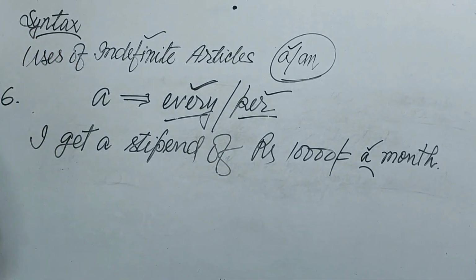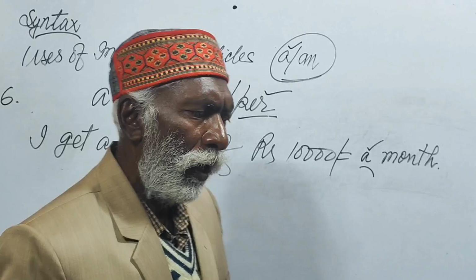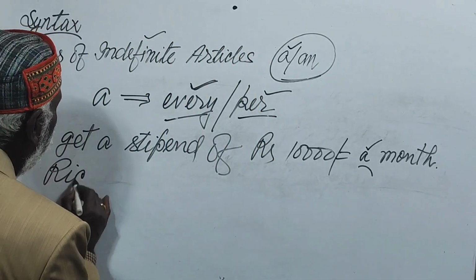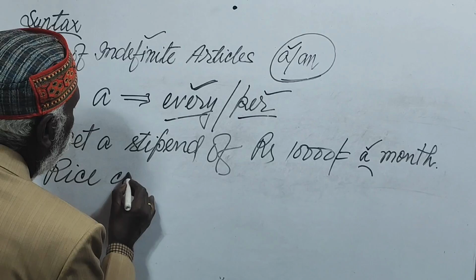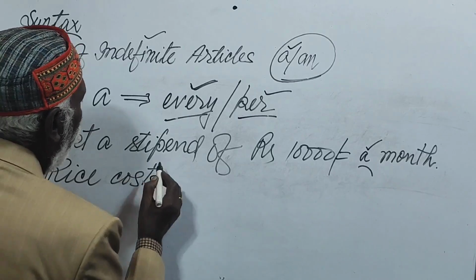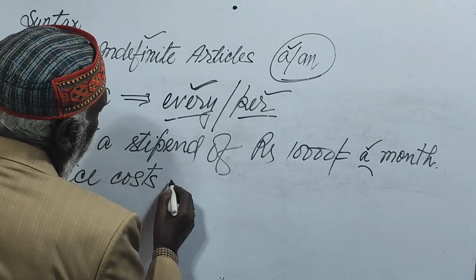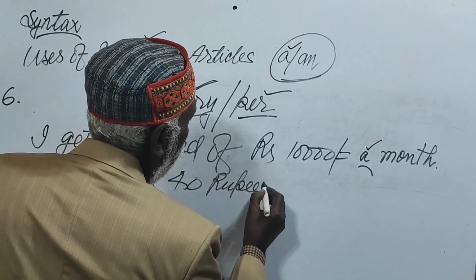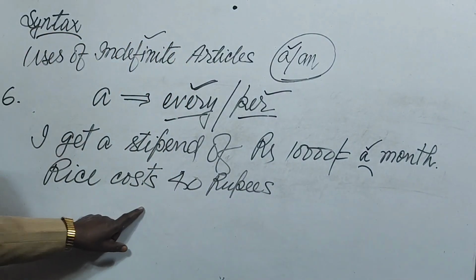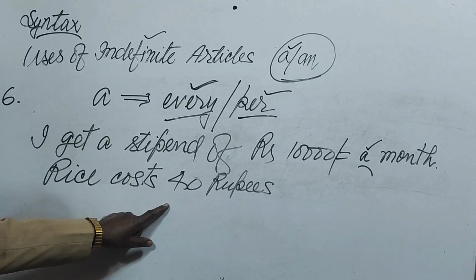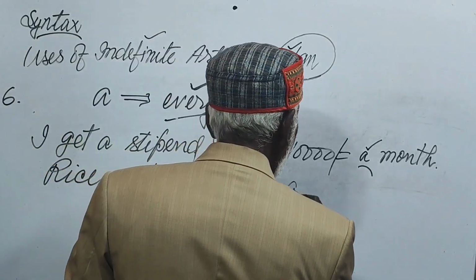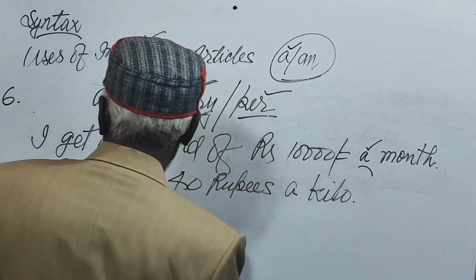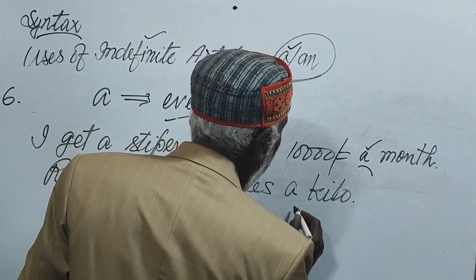Okay, dear. Next example: rice costs 40 rupees a kilo. 1 किलो 40 रुपये का दाम होता है.